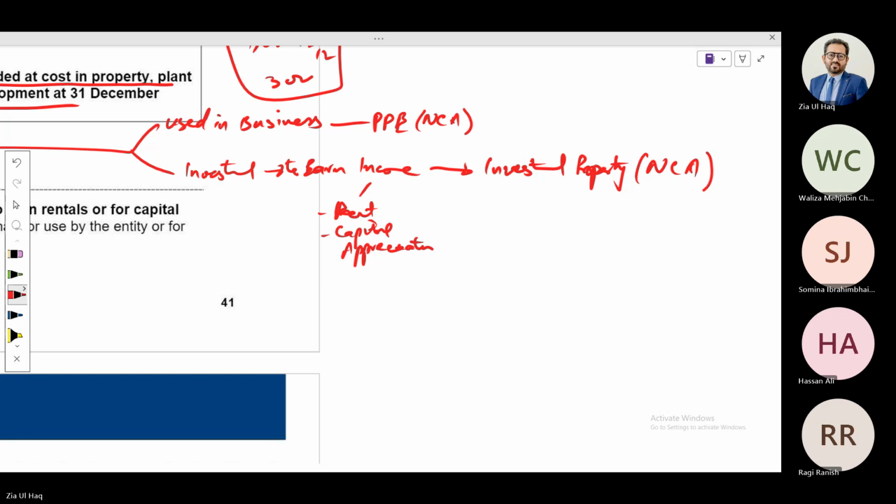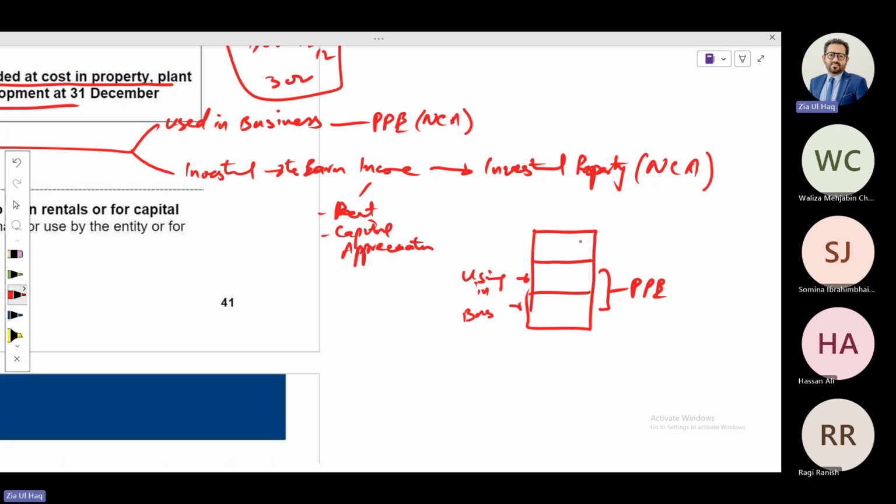Suppose we are having a building for our business and there are 3 floors of the building. These 2 floors we are using in business. So these 2 floors should be recorded as property, plant and equipment.